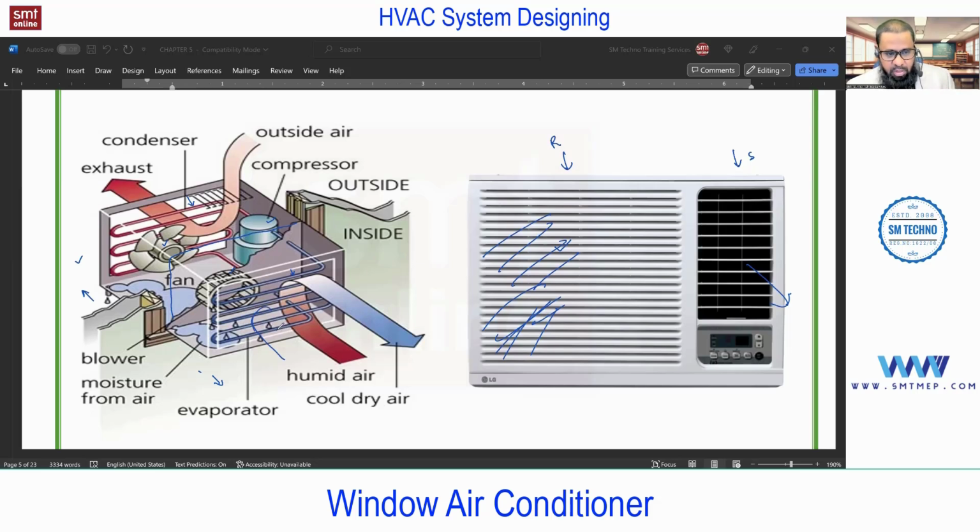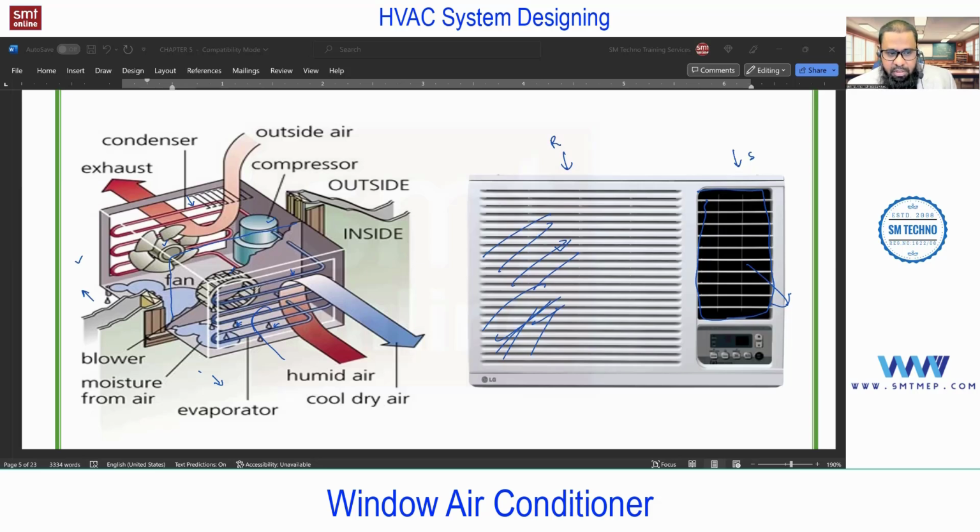So suction from this side, and it will pass through what? Evaporative coil. And you know, when the air passes through the evaporative coil, it loses the heat and the moisture, right? Can you see these droplets? Condensation. So at the outlet of this unit, this is the supply side, you will get what? Cool and dry air, right?